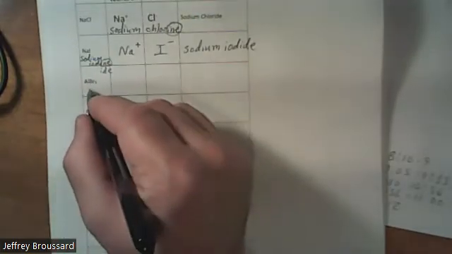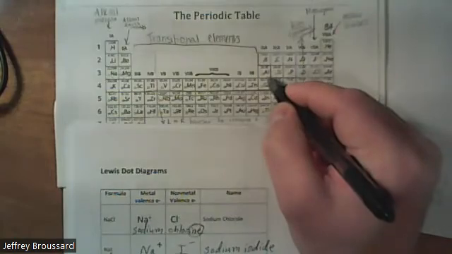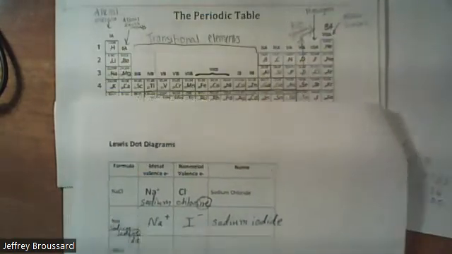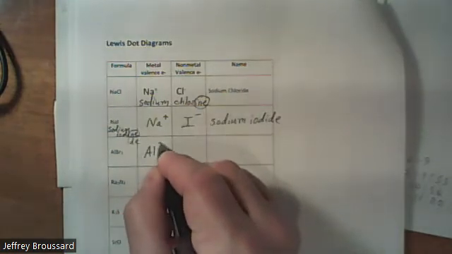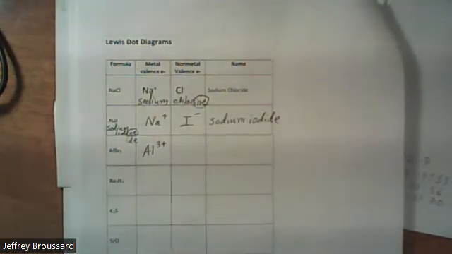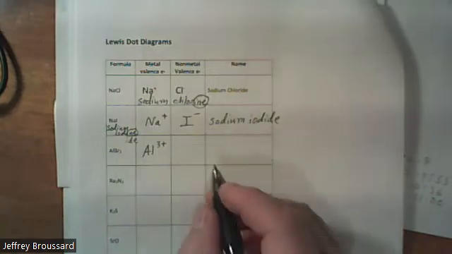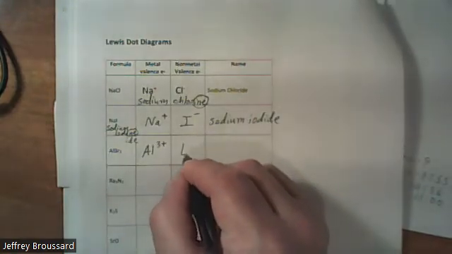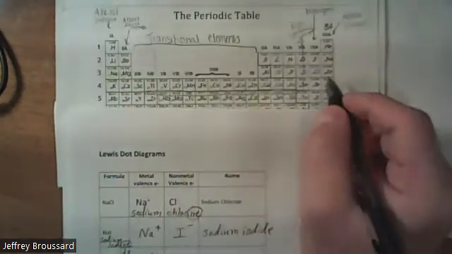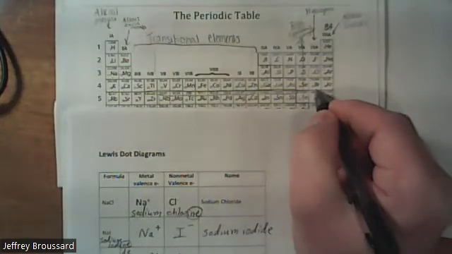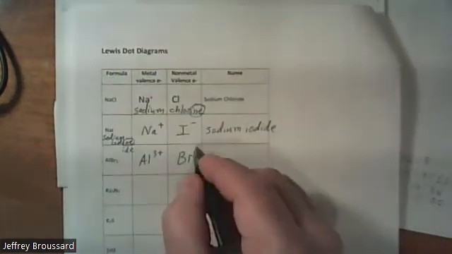Here we have aluminum, which is in group 3A. Remember that. So that's going to be Al3 positive because it loses 3 negative electrons. And bromine, Br, is right here in group 7A, which means it gains 1 negative electron.